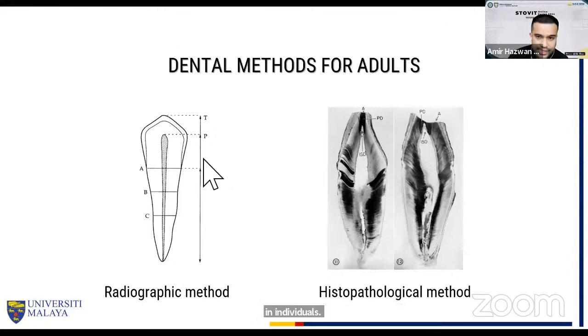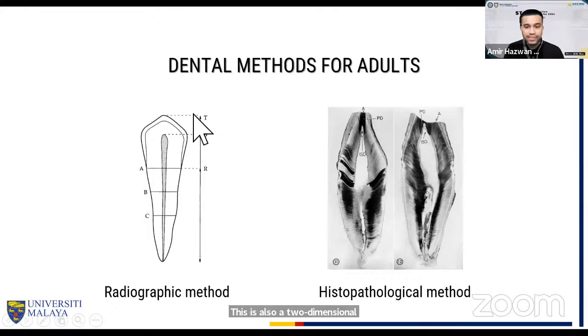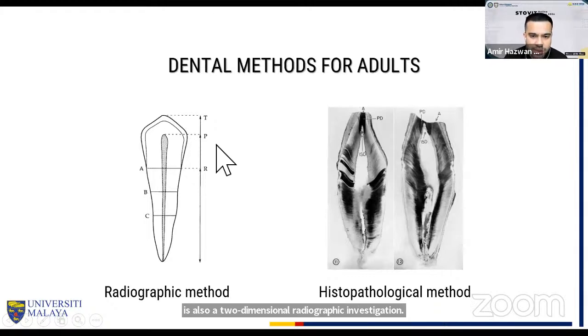For adults, it's quite difficult. You can perform a radiographic method. This is also a two-dimensional radiographic investigation. I haven't touched upon 3D yet, but these are the typical, commonly used radiographic methods, IOPA radiograph. And this one is a histopathological method, which is quite difficult.